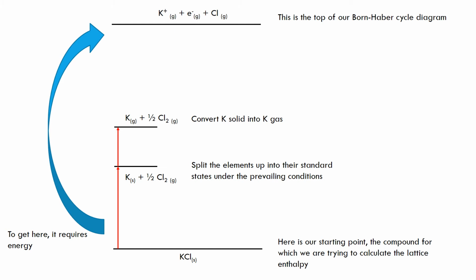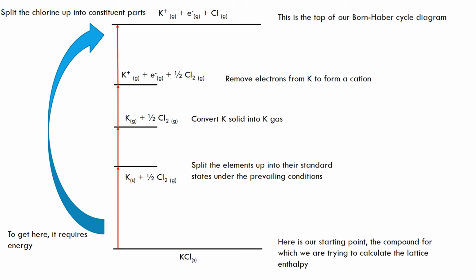I then convert my potassium solid into a gas. I remove electrons from potassium to form the cation. And I split up the system into its constituent parts then. So that forms the top of my Born-Haber cycle.